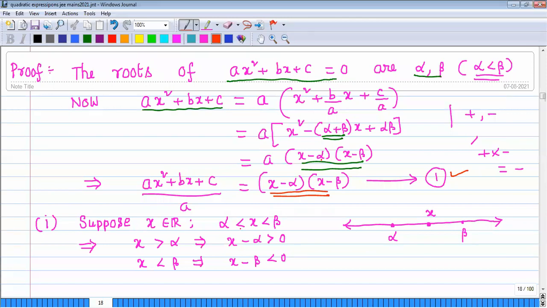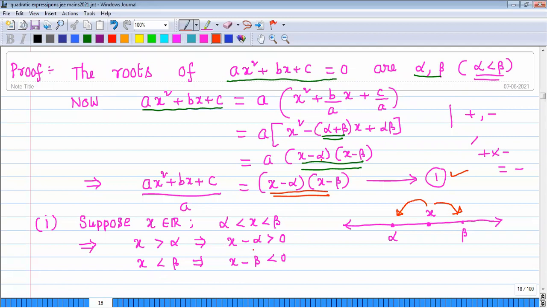Suppose x belongs to R and alpha is less than x, x is less than beta. If you draw the number line, this x lies in between alpha and beta. So x is greater than alpha, and x is less than beta. X greater than alpha means x minus alpha is greater than 0, and x less than beta means x minus beta is less than 0.